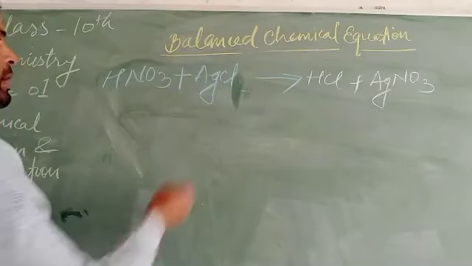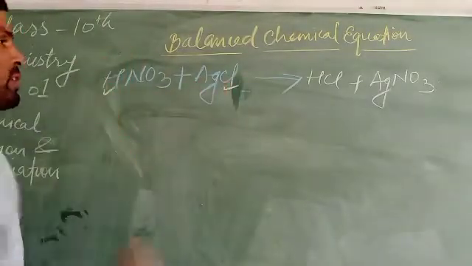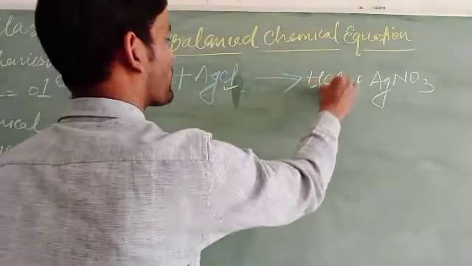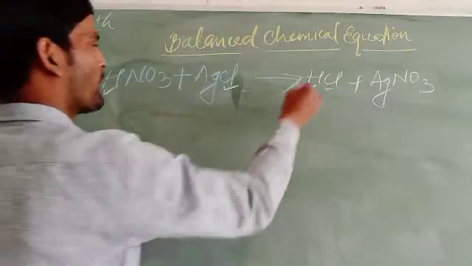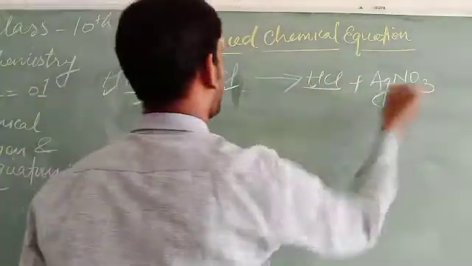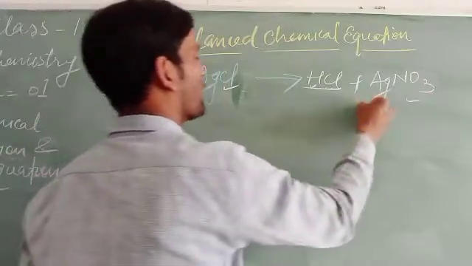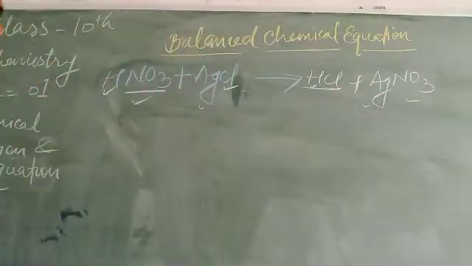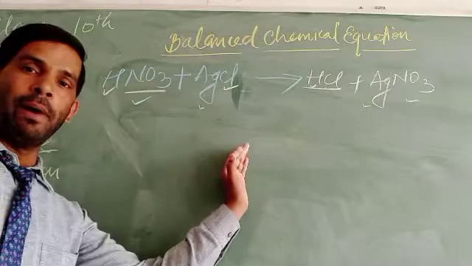So here is Cl 1 molecule, hydrogen 1 molecule. So 1 molecule hydrogen, 1 molecule chlorine, hydrochloric acid. And NO3 having 1 molecule, so NO3 having 1 molecule. Silver is 1 molecule, silver is 1 molecule. So it is completely balanced.